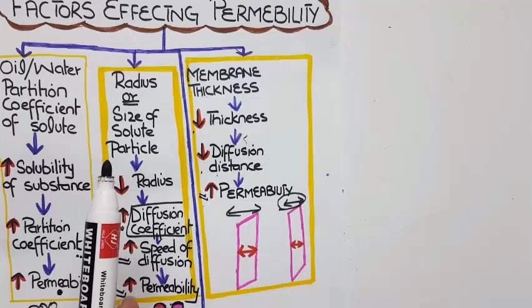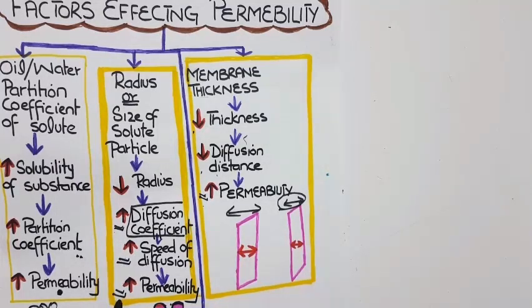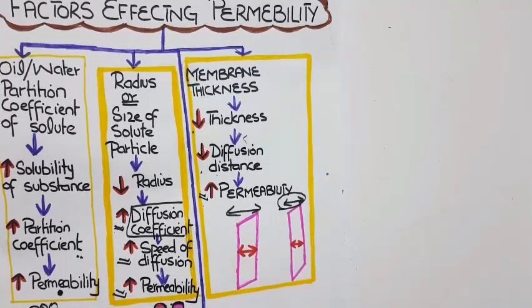Radius or size of solute particles. Smaller the radius, greater will be the diffusion coefficient, greater will be the speed of diffusion, and more will be the permeability across the cell membrane. This diffusion coefficient is the measurement of how fast the solute particles are diffusing across the membrane.